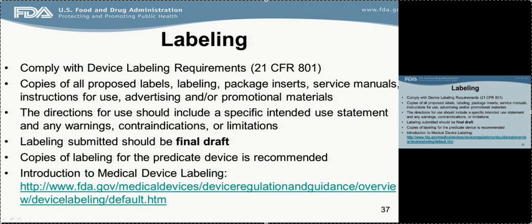Your labeling in your 510(k) should be submitted as a final draft. Copies of your predicate device's labeling are recommended, but not required. If you have additional questions or need further clarification, please refer to the Introduction to Medical Device Labeling, as per the link provided on this slide.